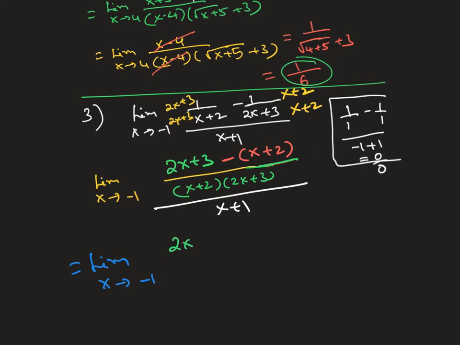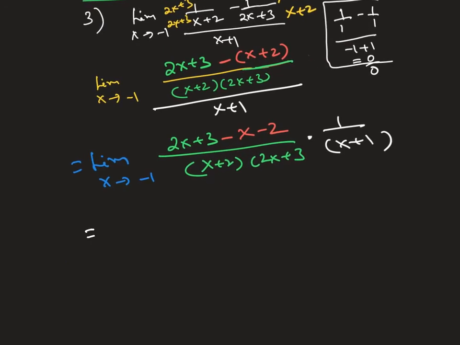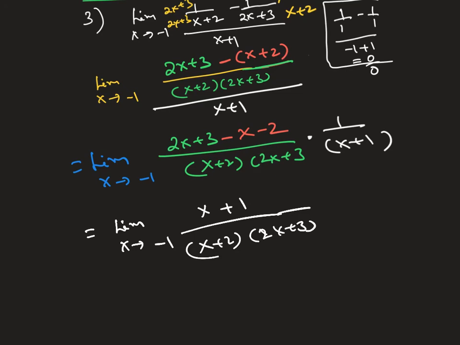I get 2x plus 3 minus x minus 2 divided by x plus 2, 2x plus 3. Instead of writing this denominator over here, I always like to write it like that so that I don't have to deal with fraction over fraction. But it's your preference what you want to write. Combining like terms over there, I get this.